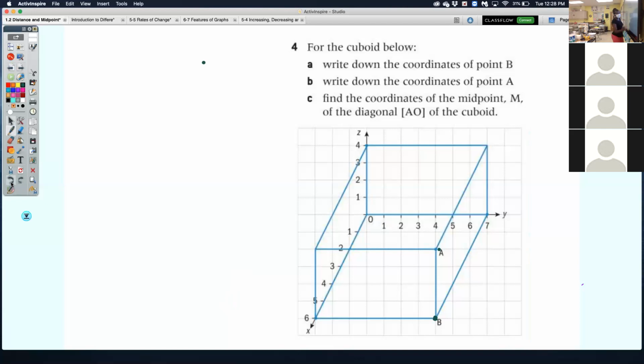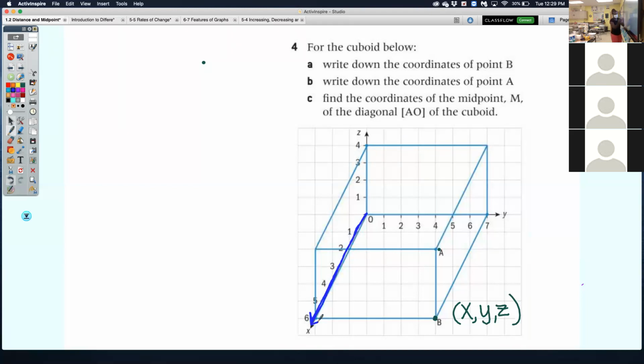So now to find the coordinates, okay? Just like before, X comes before Y, and then Y comes before Z. So we need to place it in that order. We need to figure out where B is located with respect to X, Y, and Z. Your x-axis is the axis that runs diagonally down from our origin 0, 0, 0.